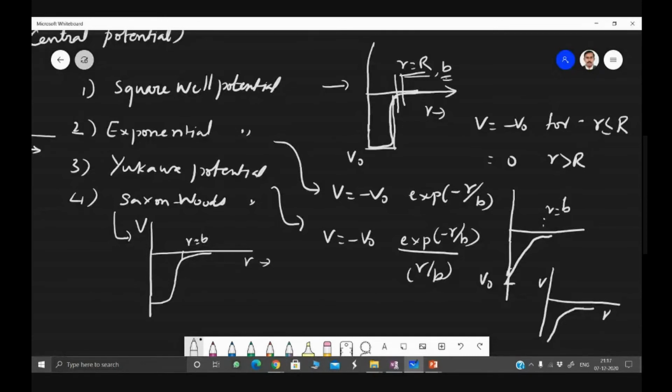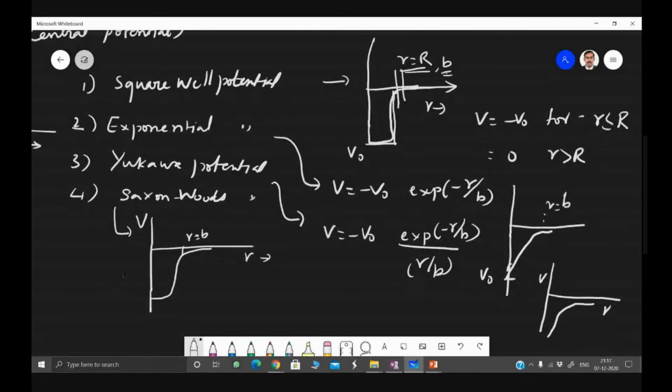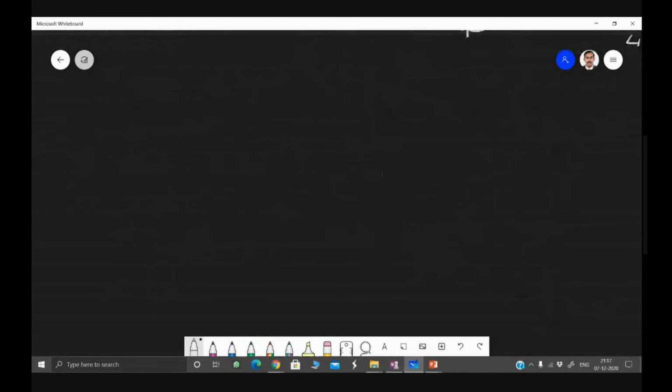Okay, so these are all different forms of potential, and for the deuteron problem, we assume a simple square wave potential satisfying the condition as I mentioned. So I just redraw the square wave potential which we will be studying for the deuteron problem.